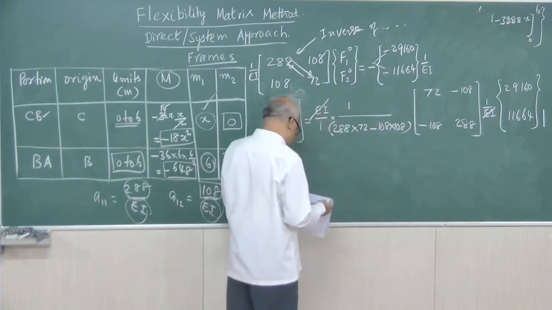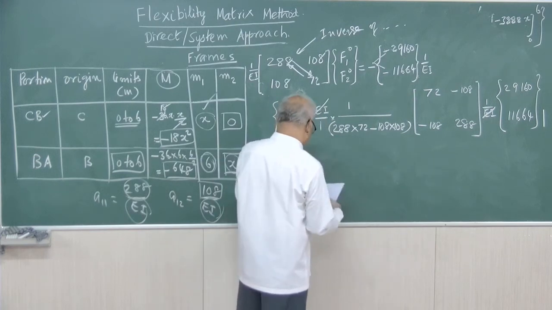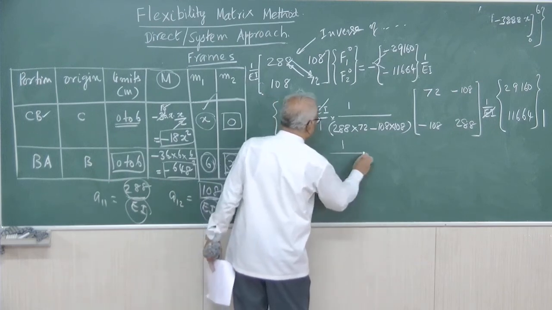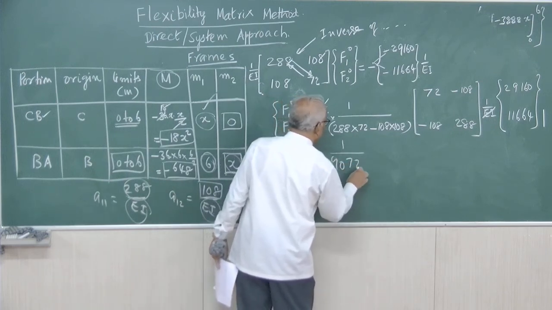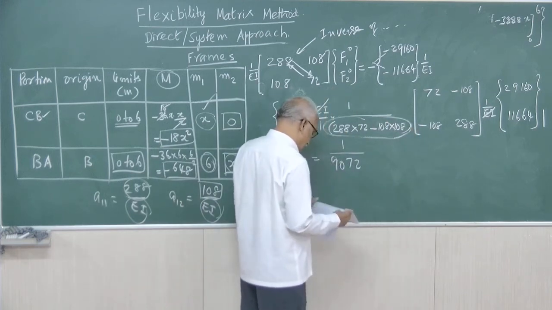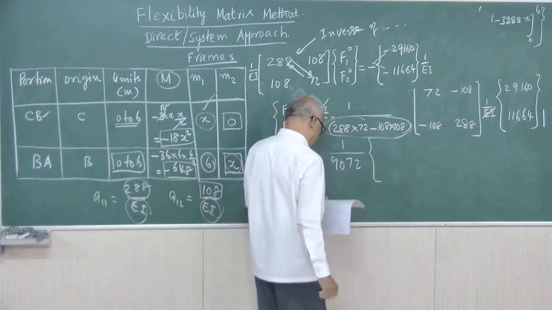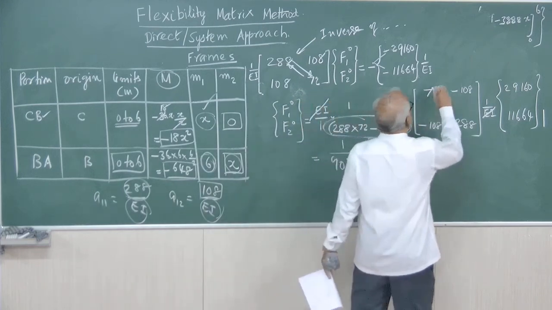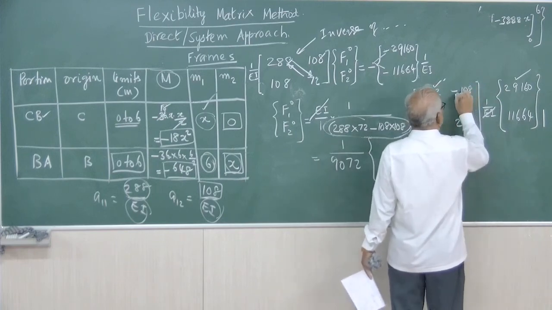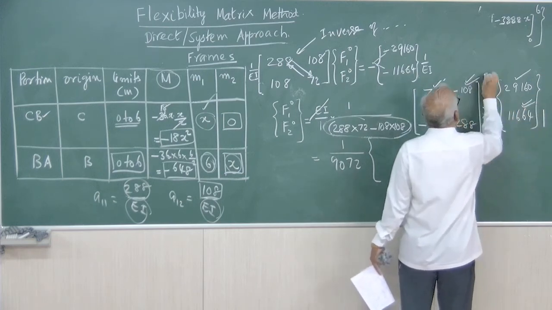So this value equal to 1 by 9072 into this value, which will be 72 into 29160 minus, because this is minus, otherwise it is plus, 108 into that value.